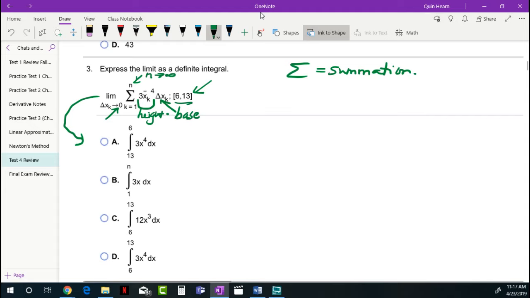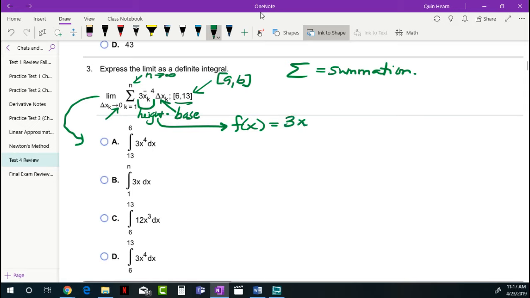So as n goes to infinity, the number of rectangles is increasing, but we're also getting our approximation closer and closer to the area. In fact, as n goes towards infinity, the limit will equal the area. So that's what is happening in this expression here.